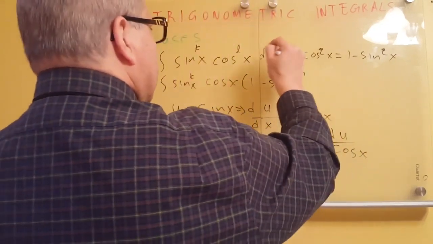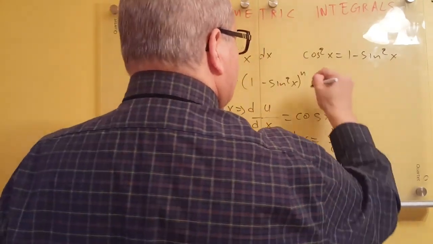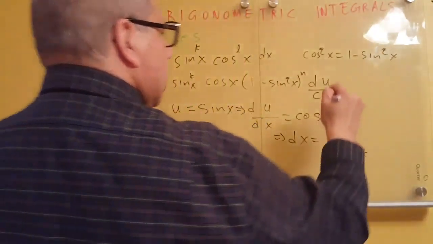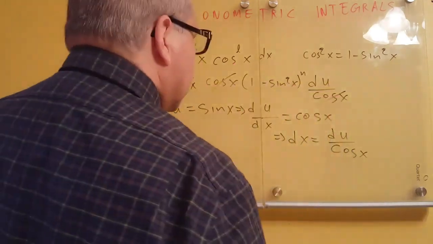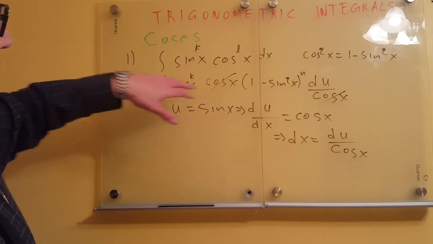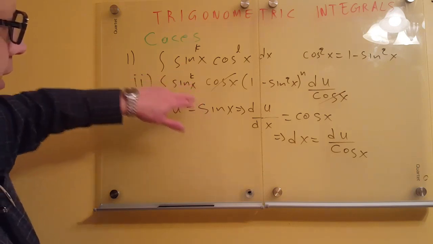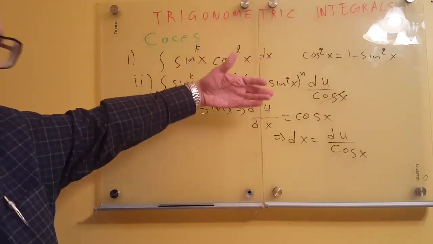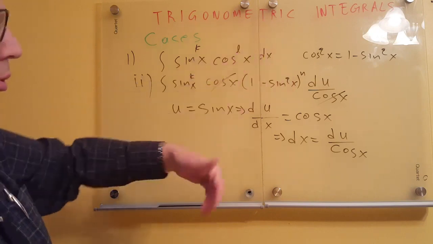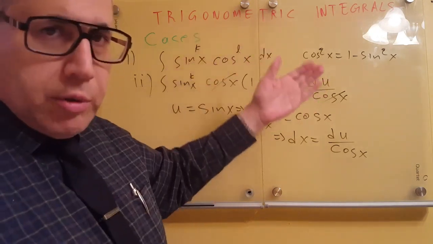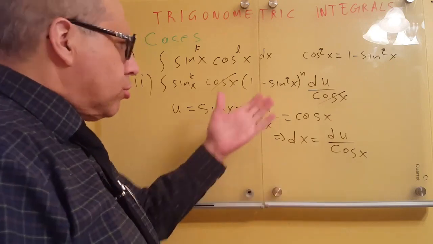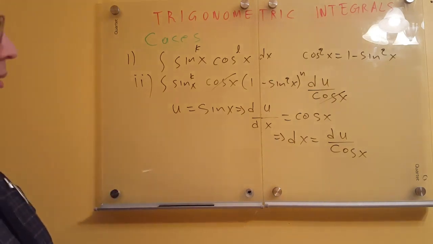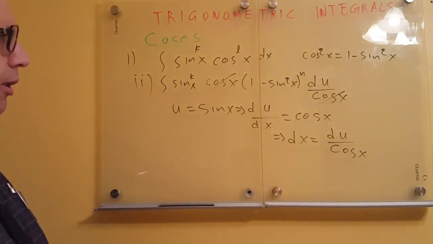So if you go and substitute this dx, you will have du over cos x, and you see now that this cancels with this, and then if you substitute again whatever sine x equal with u, you will have a polynomial function of u, which you have to find the integral of with respect to u also. So it's exactly the same case as before. So I don't think it's necessary to do an example here.